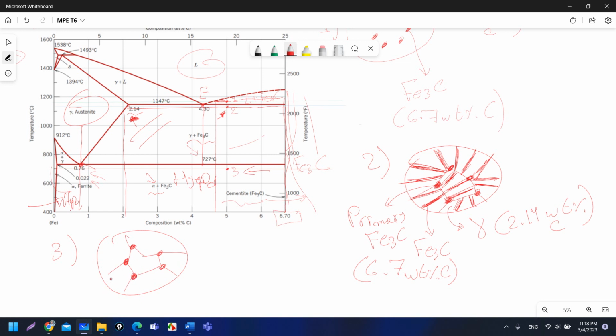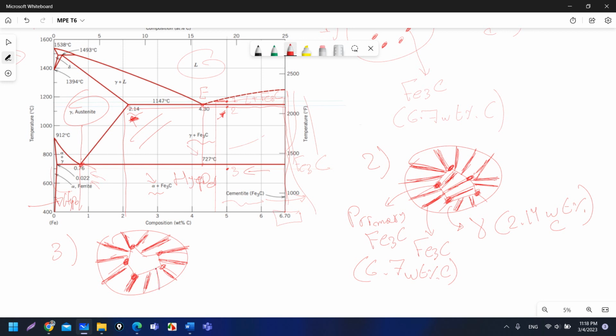Okay, then I will draw the lamellar structure also. It is similar to the previous one, but now the white region is alpha, not gamma, because gamma is converted to alpha plus cementite. Okay, this time the white region is alpha, not gamma.